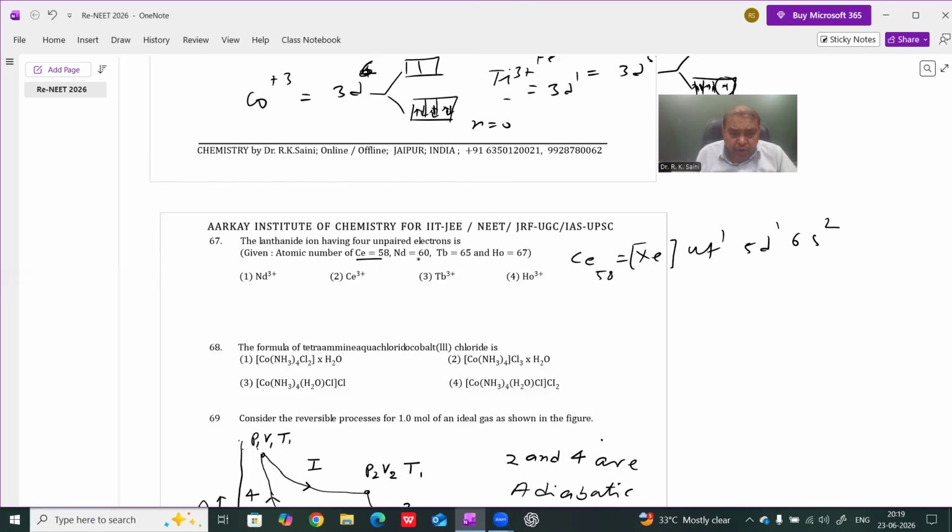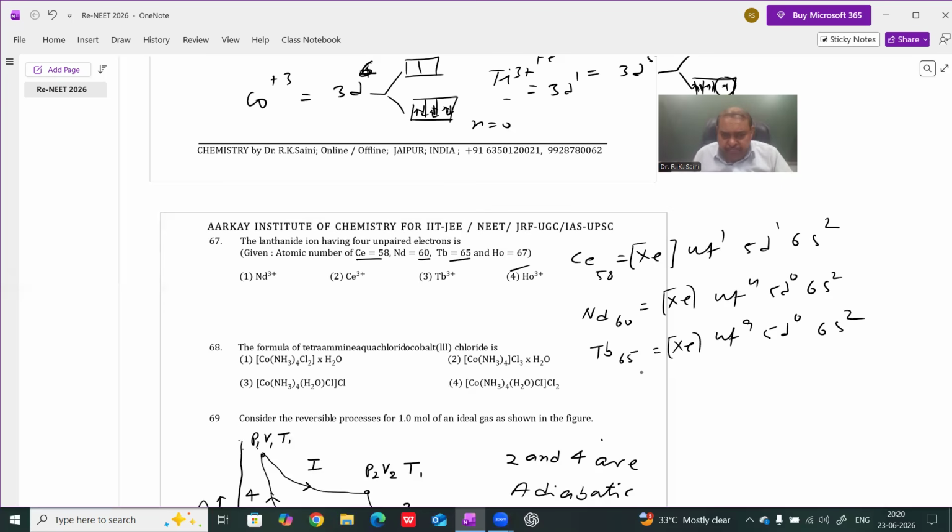In case of neodymium, 2 more electrons, atomic number 60, and the electronic configuration is xenon 4f4, 5d0. It is the correct electronic configuration, no exception. In case of terbium, atomic number 65 means 5 more electrons also. Xenon 4f9, 5d0, and 6s2.